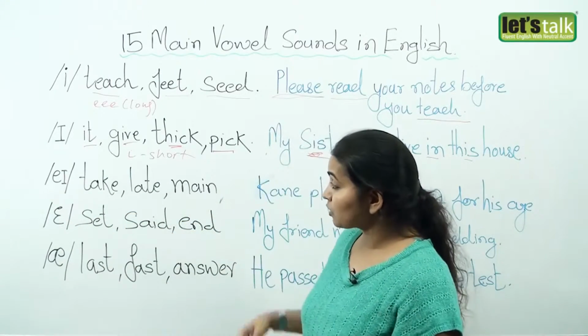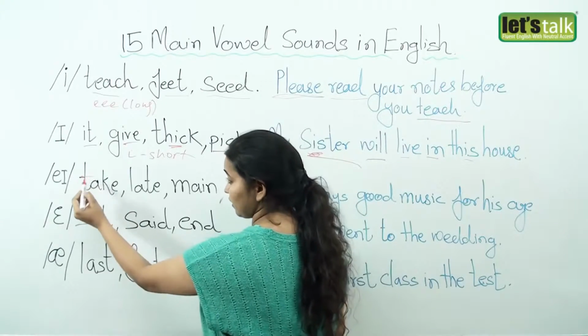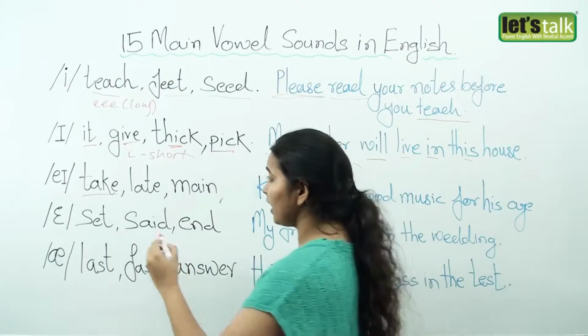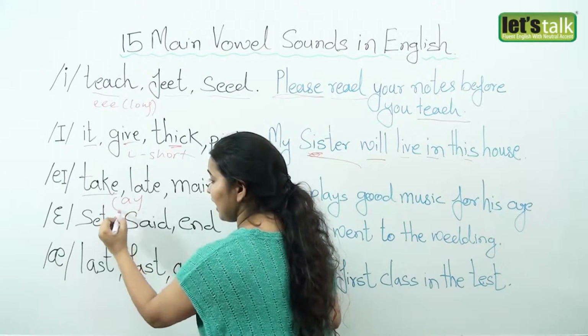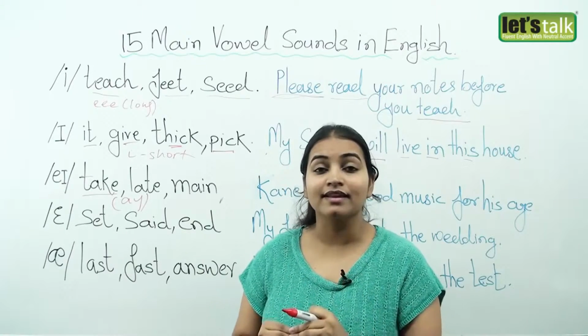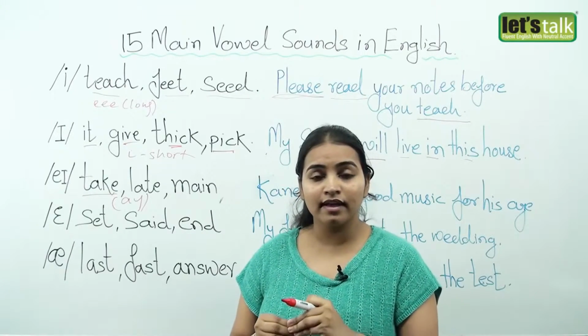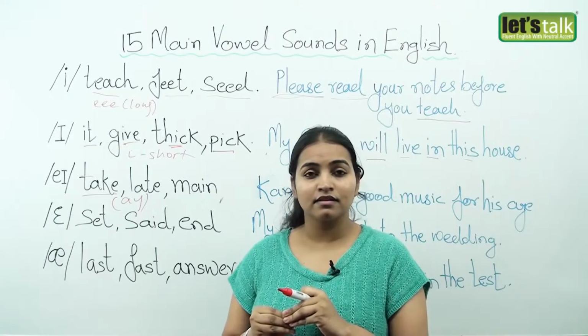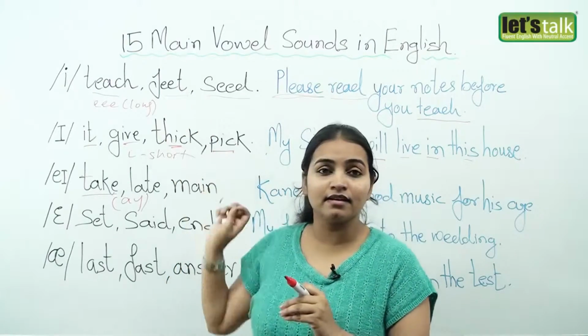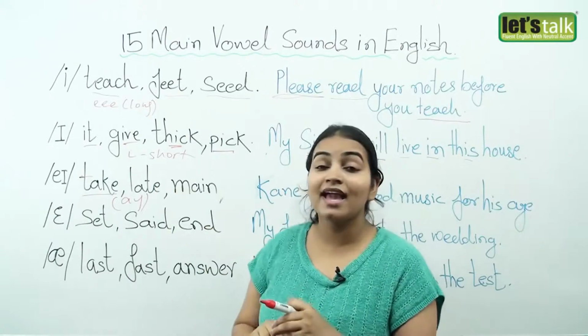Okay, for example, the words are take. So here you've got to identify for an A sound. Okay, let's do that. A. It's not I. It's not E. We did an E and an I. This is an A sound.